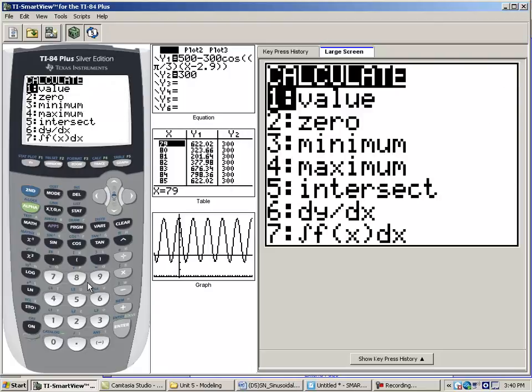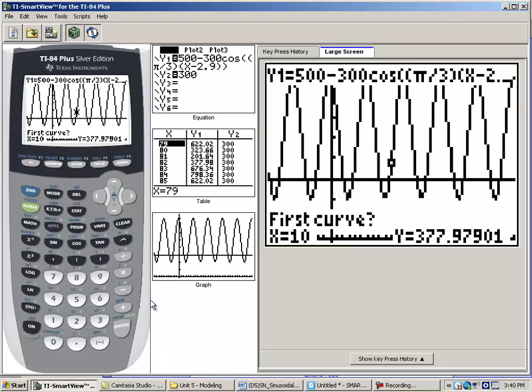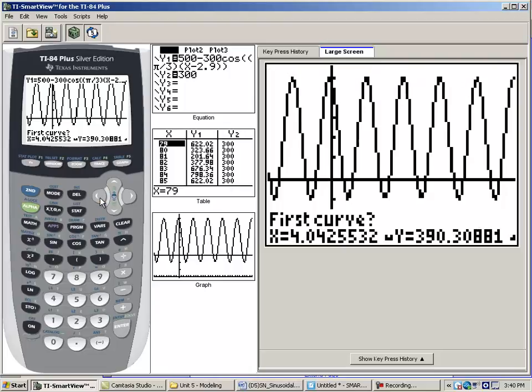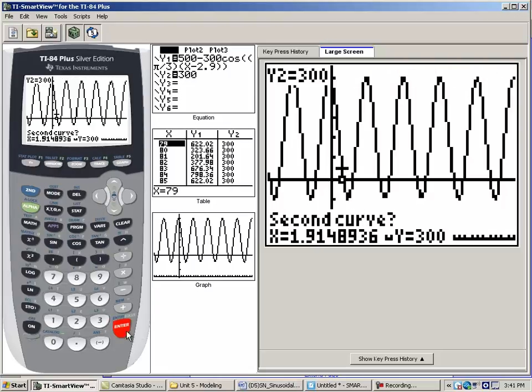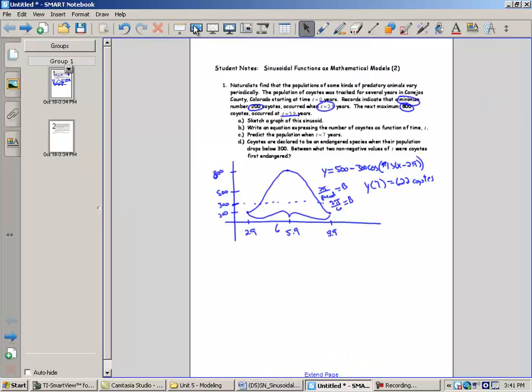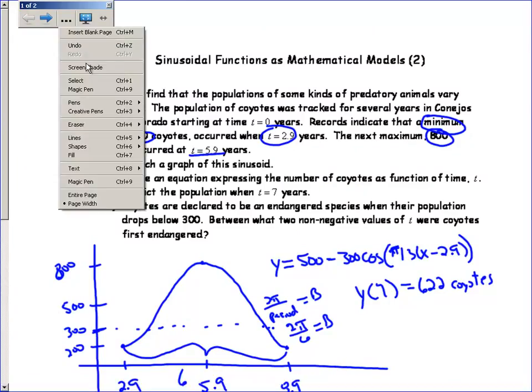So I want to calculate an intersection. And let me scoot over here closer to where I want to find it at. Alright, so that's going to be about right there, so I can just do first curve, second curve, my guess, and I got 2.096, which we can call 2.097. So I'm going to come back to this and write on this 2.097.